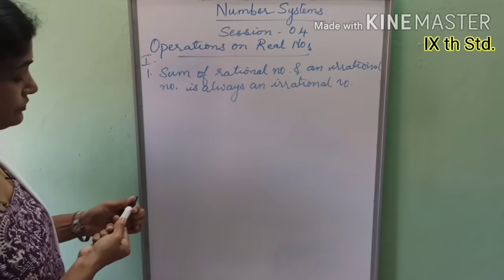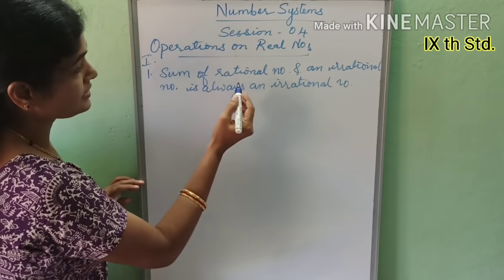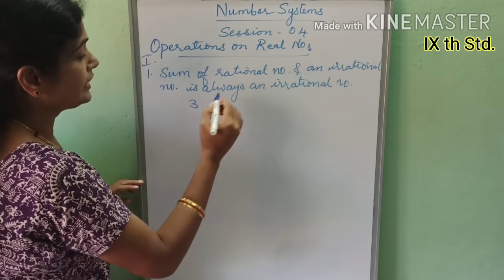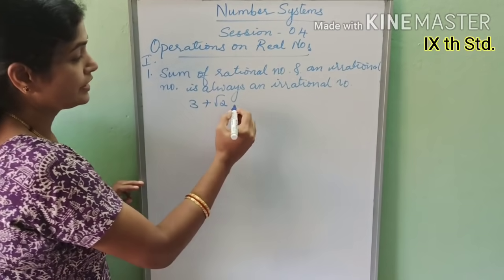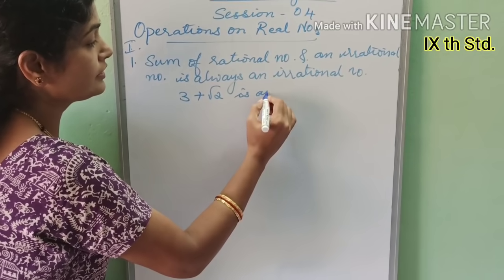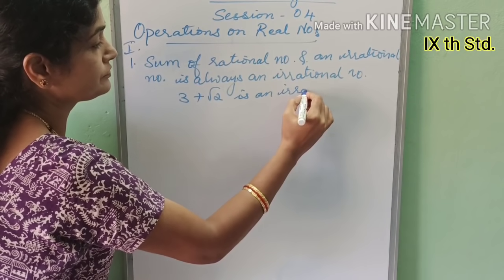For example, if you take the sum of the rational number 3 and the irrational number root 2, 3 plus root 2 is an irrational number.